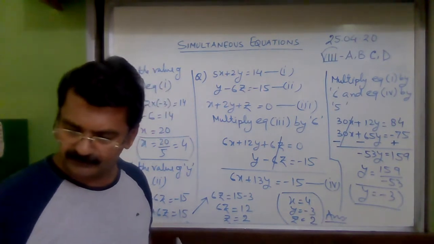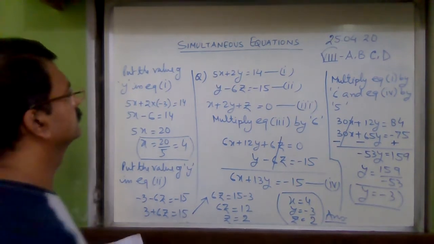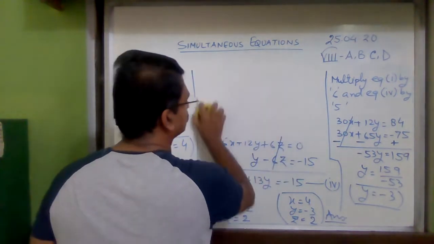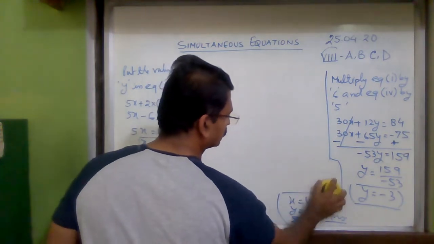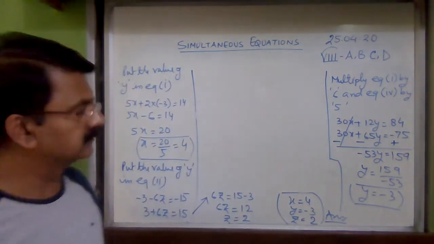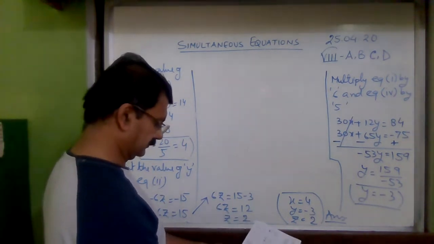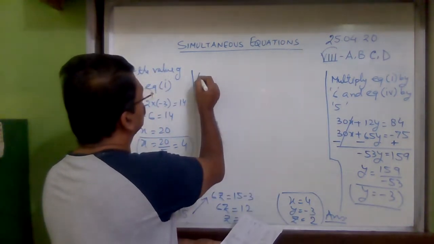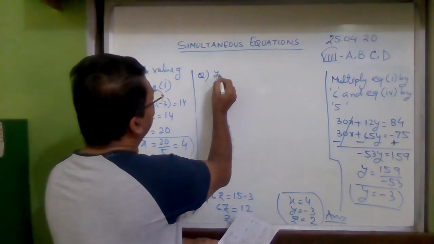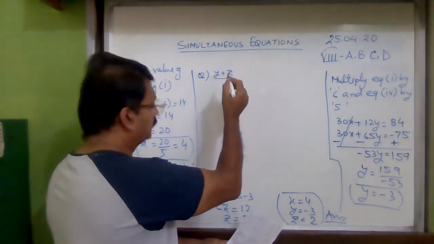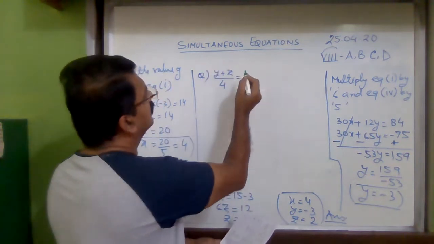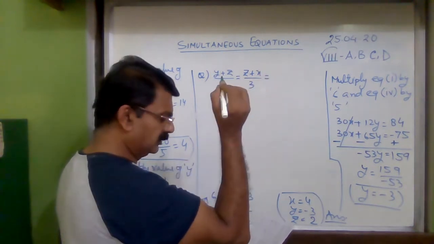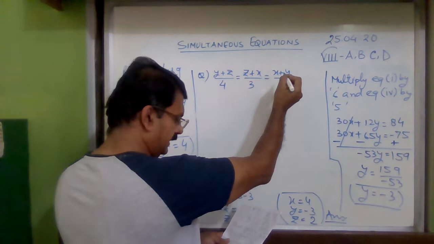And the question is, y plus z upon 4 is equal to z plus x upon 3 is equal to x plus y by 2.